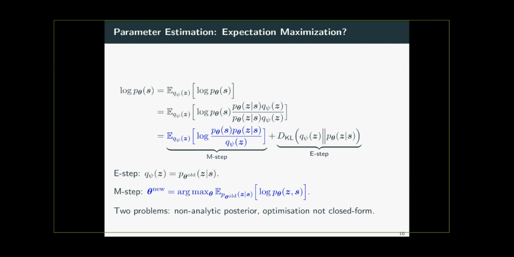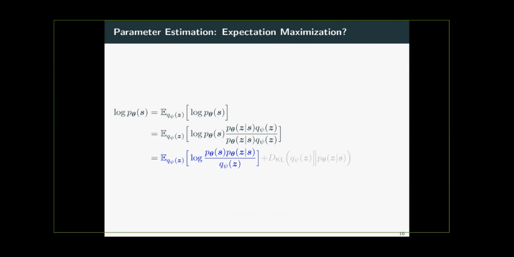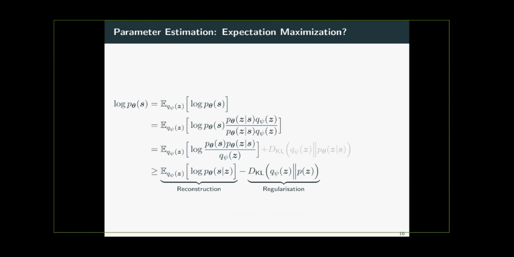So therefore, when we have nonlinearities, this is very hard to use. And we are actually going to do something that is a little bit different. We are going to ignore the KL divergence term, which is strictly positive, and say that this is greater or equal than the first term that I decomposed in two, okay?